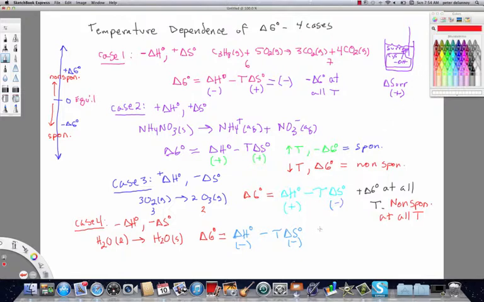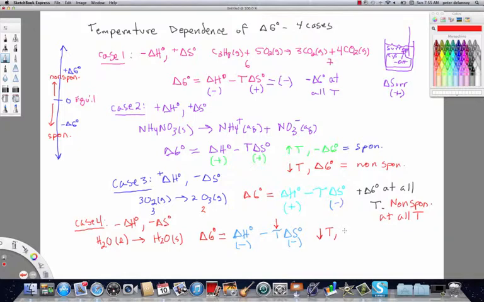Where we have low temperatures, think about what that means. So this value right here is going to be small. And when it's small, literally this positive product, when added to the delta H, will not be able to overcome the large negative magnitude of this number, and therefore delta G is going to remain also negative.